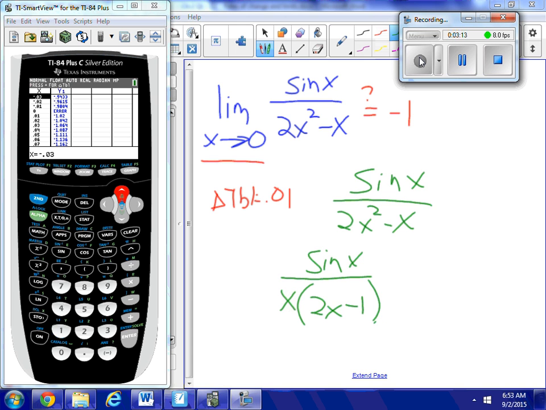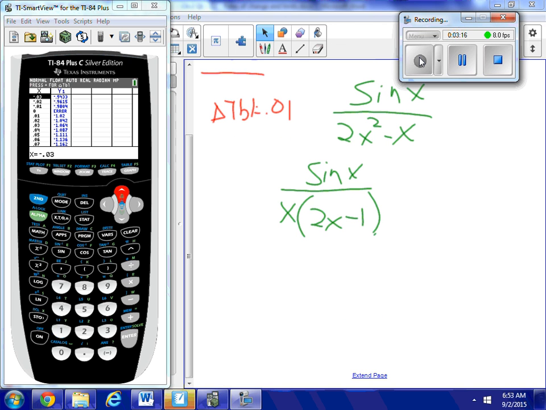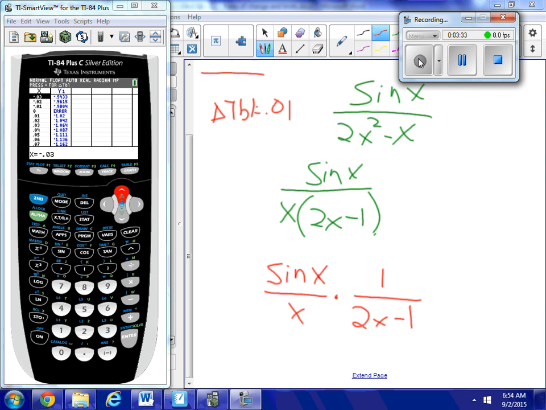So I'm going to mess with this algebraically a little bit. And I'm going to turn it into sine x divided by x times 1 over 2x minus 1.